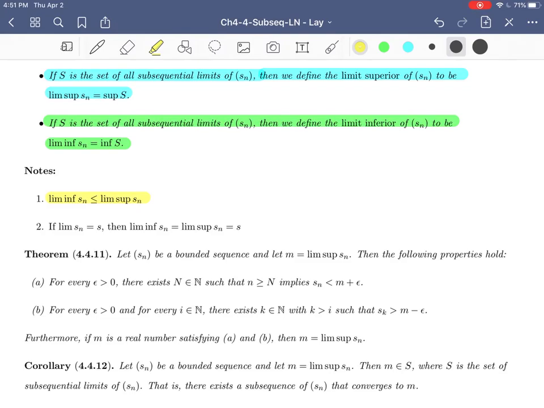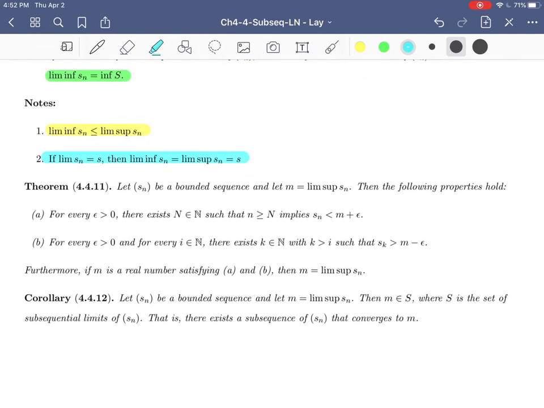And if we have a sequence that converges to S, then the lim inf and lim sup, the infimum and the supremum of the set of all subsequential limits, should be the same. Because if you have a convergent sequence, then all subsequences should converge to the same value, so those values would have to be the same.